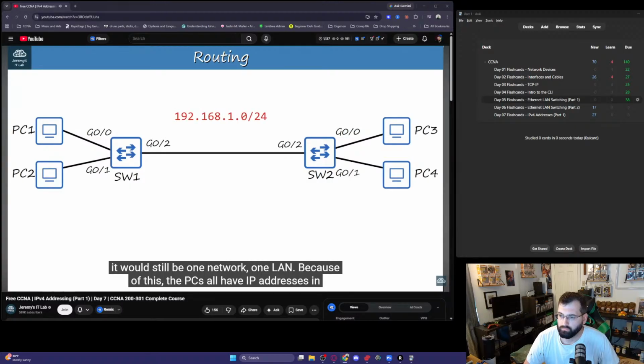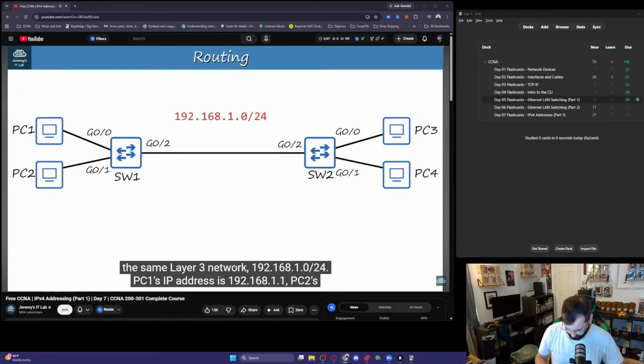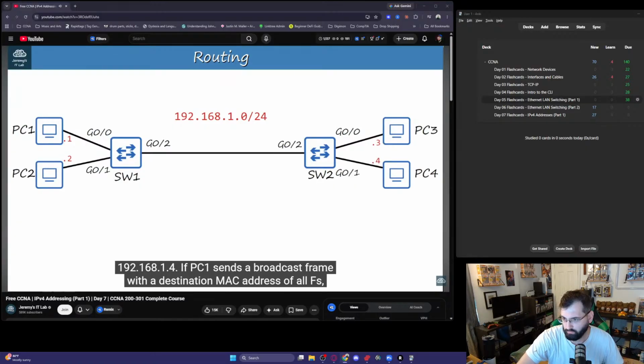Because of this, the PCs all have IP addresses in the same Layer 3 network, 192.168.1.0/24. PC1's IP address is 192.168.1.1. PC2's IP address is 192.168.1.2. PC3's IP address is 192.168.1.3, and PC4's IP address is 192.168.1.4.